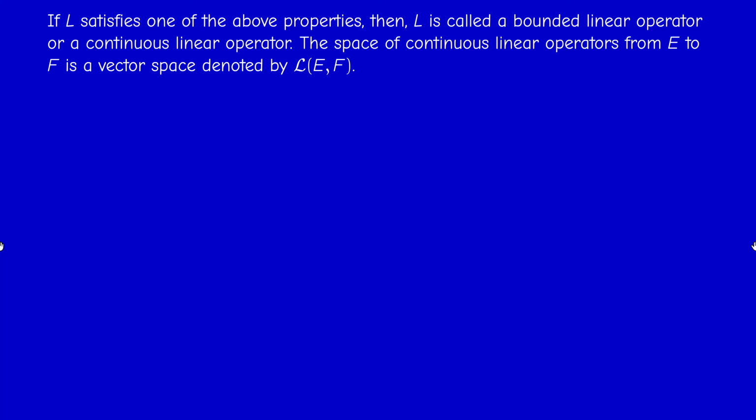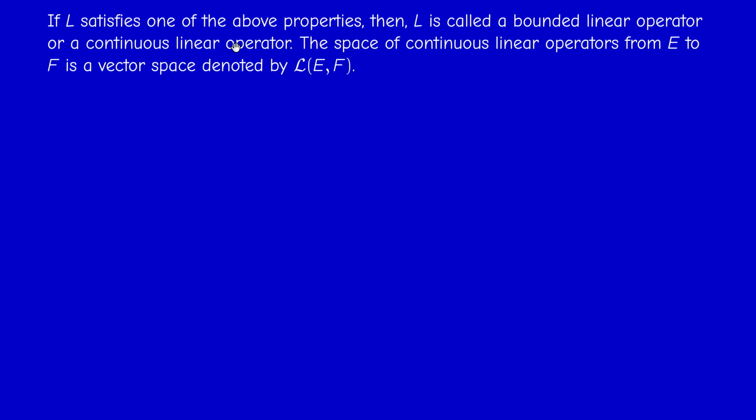The set of continuous or bounded linear operators between two normed spaces is, of course, a vector space, because the sum of two bounded linear operators is bounded as well, as you may check, and a multiple of a bounded linear operator is also a bounded linear operator.